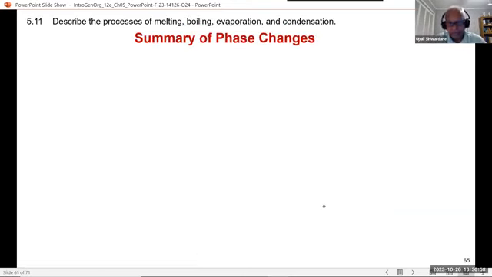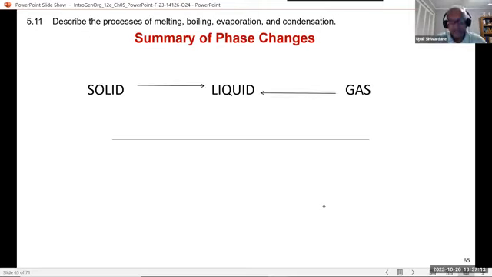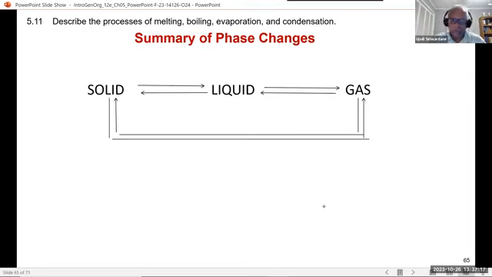Summary of phase changes. We need to understand phase changes and know what exactly is going on. Mainly we have three phases. If you look at the changes between these three phases, there are solid to liquid equilibrium.